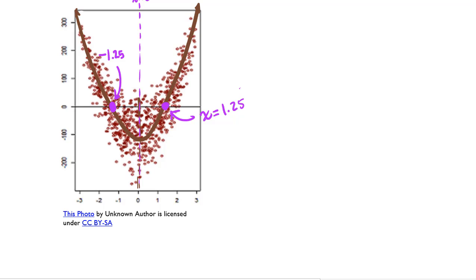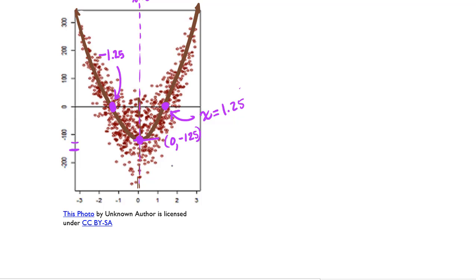And that's at the coordinate points x equals 1.25 and negative 1.25, y equals 0. That's along the x-axis. It also looks like this graph is shifted down. This graph looks like it's at about (0, negative 125).